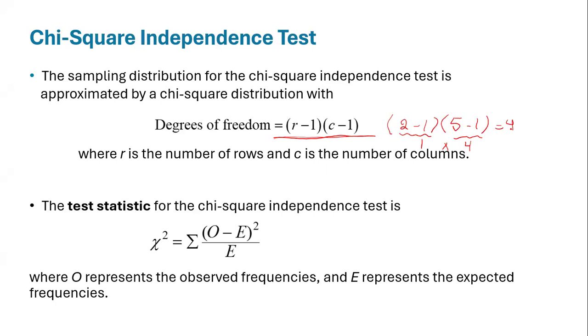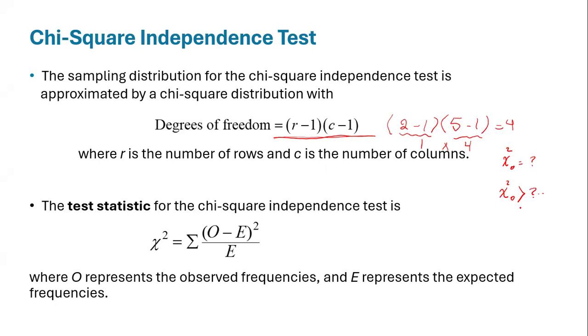And then we look at the chi-square table by knowing the degrees of freedom and alpha, and find the critical value. After finding the critical value, you know that the rejection region is always greater than that number because it's a chi-square test, and the chi-square is a right-skewed distribution.